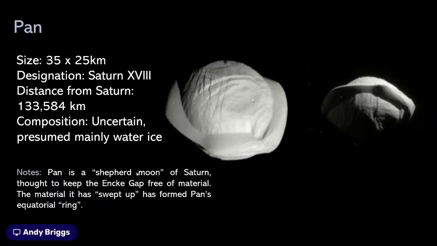This swept-up material is thought to fall on its surface and form this equatorial ring over a long time. It's literally because the moon is acting as a sort of hoover, if you like. It's hoovering up this material, which settles on its equator and forms this incredible ridge around it.